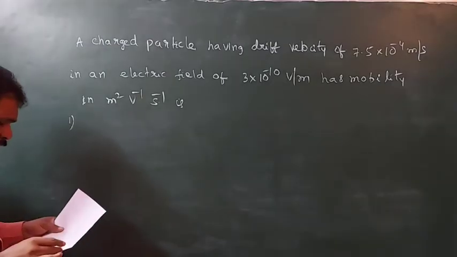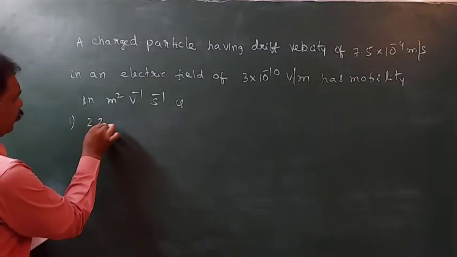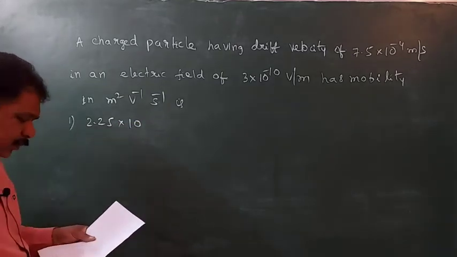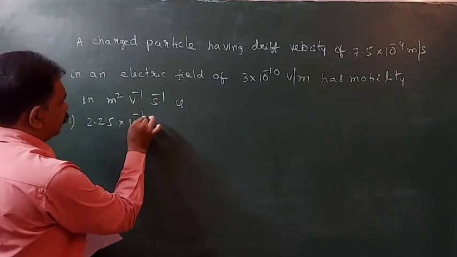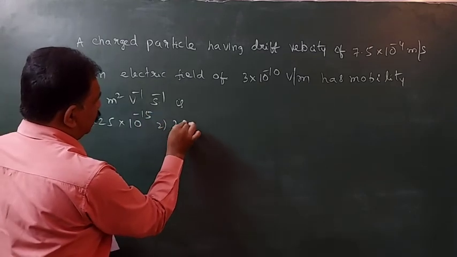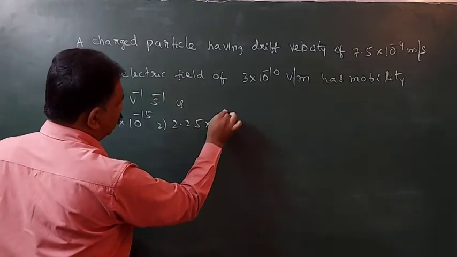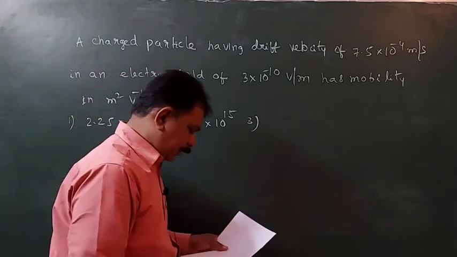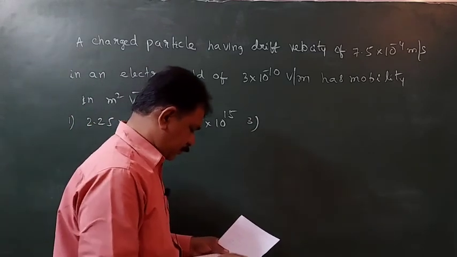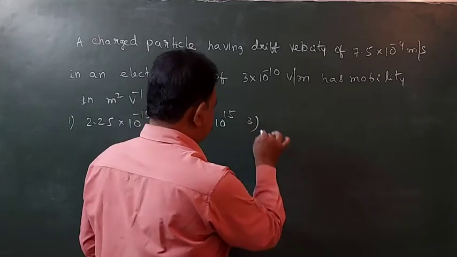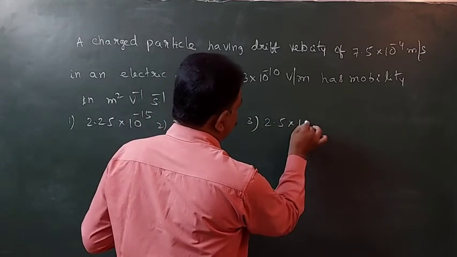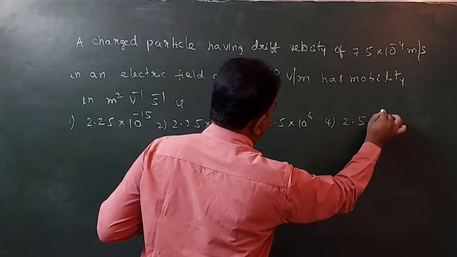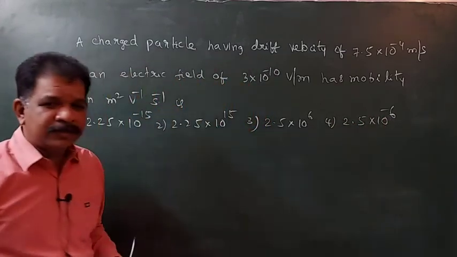Options they gave: 2.25 into 10 power minus 15, 2.25 into 10 power 15, 2.5 into 10 power 6, 2.5 into 10 power minus 6.